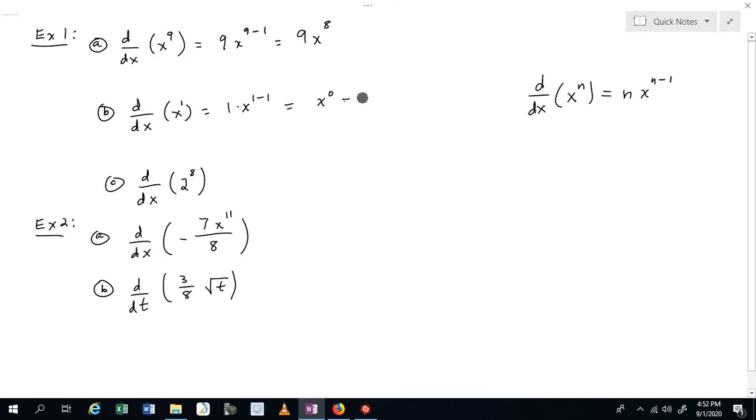And x to the 0 power is equal to 1. In fact, any number raised to the 0 power is equal to 1. And I think this is important to remember because you're going to be taking the derivative of x quite a lot. And so the derivative of x with respect to x actually is equal to 1.